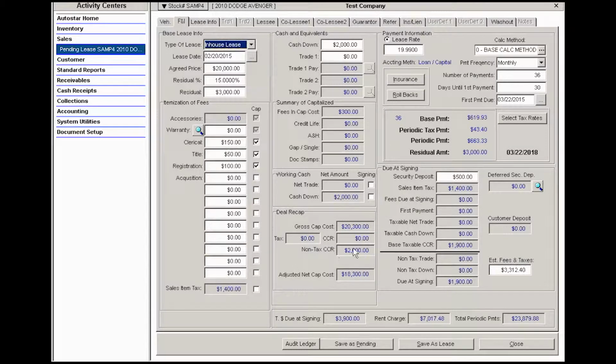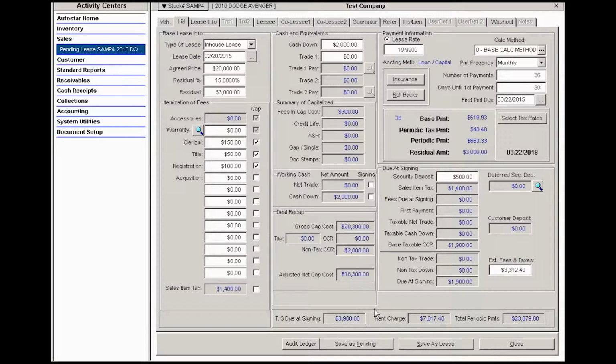Now, if I don't want to include all of my cash and equivalents in the deal recap, I can check signing, and then we'll move just directly to the right, and you can see that the due at signing box now includes the $2,000 down payment to help offset the due at signing costs. So if I uncheck, then you'll see my due at signing is $3,900.